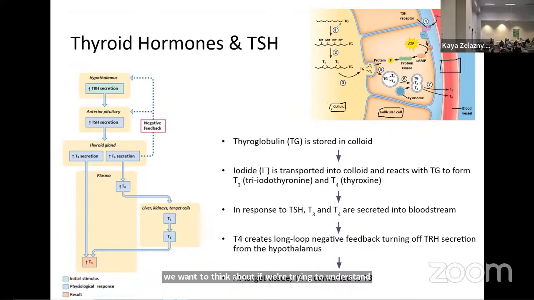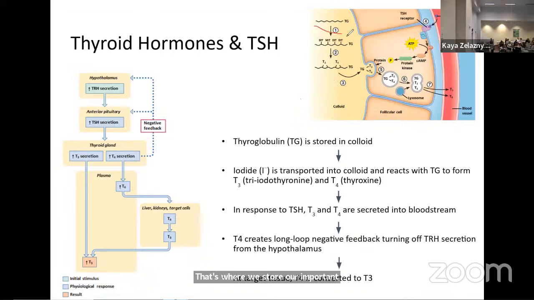When we think about their production, we're going to start with the center mass of jelly, which is our colloid. In the colloid, that's where we store our important precursor molecule.